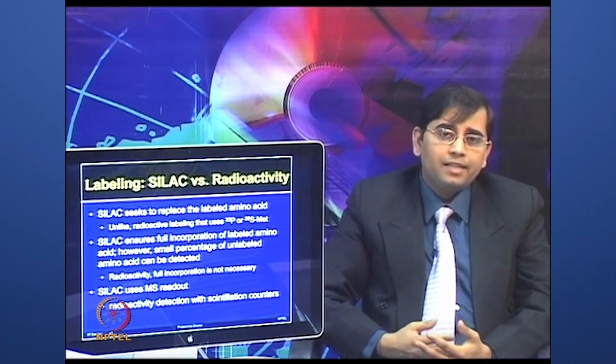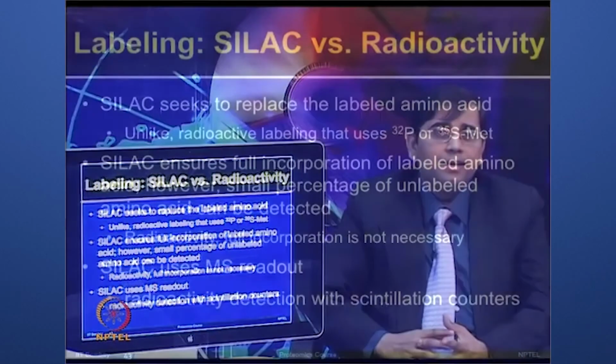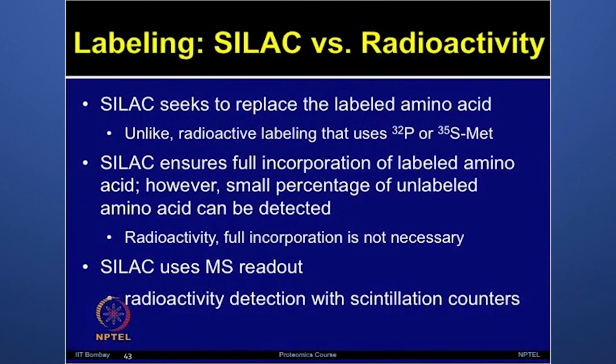The SILAC method seeks to replace the amino acid with a labeled one, unlike radioactive labeling, which uses 32P or 35S methionine. The SILAC method ensures that labeled amino acids are fully incorporated in the cells.